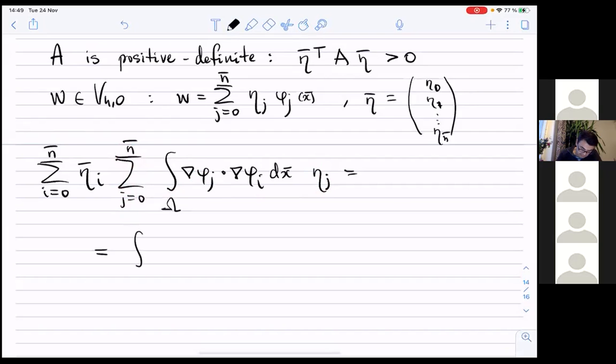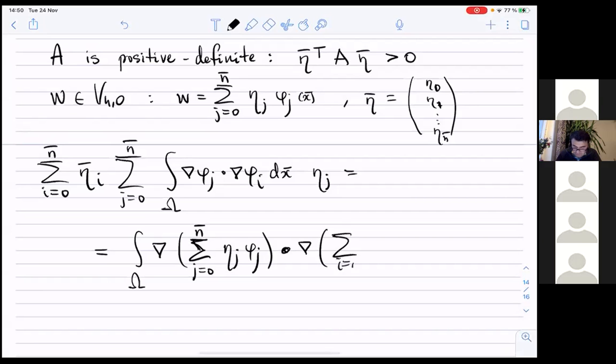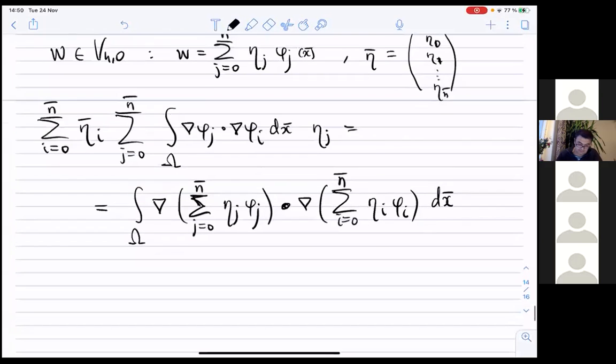So we get the integral over omega of the gradient of the sum j equal to 0 to n bar of eta_j phi_j, times the gradient of the sum i equal to 0 to n bar of eta_i phi_i, dx.